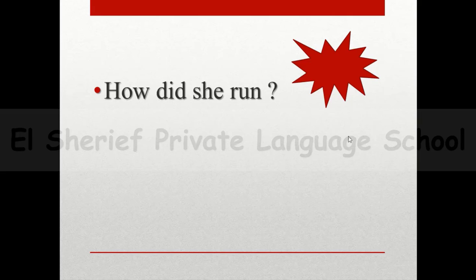The adverbs, there are 2 types. The first type, okay, the answer is she ran quickly. How can I describe this verb? By adding the adverb that comes after the verb, and that's what we will know now.